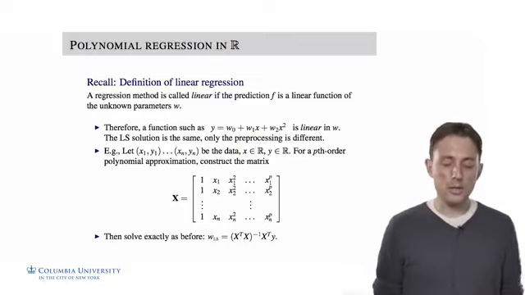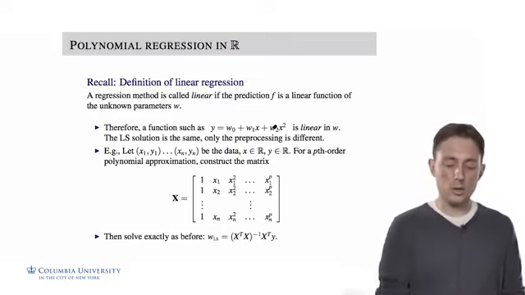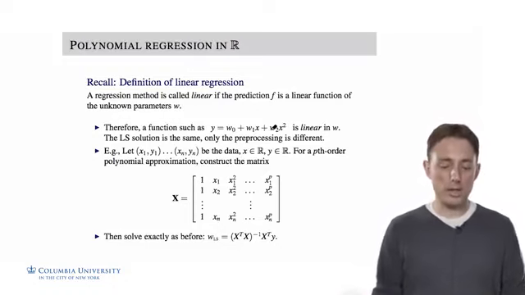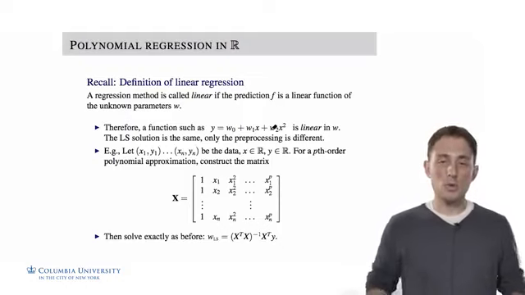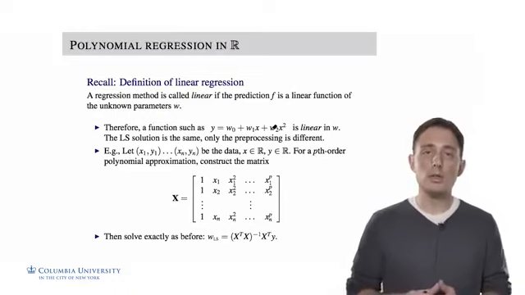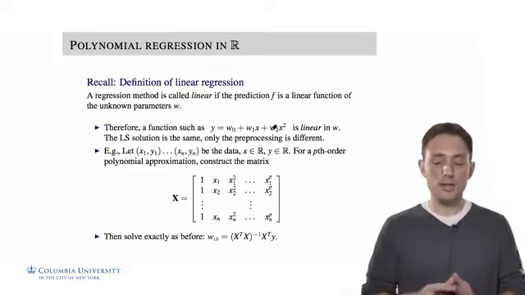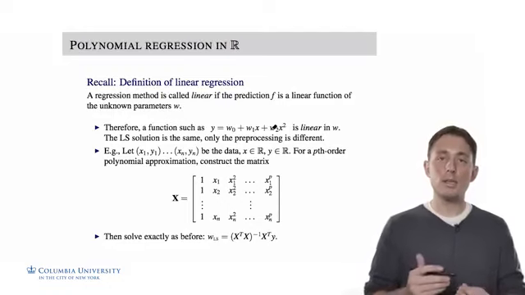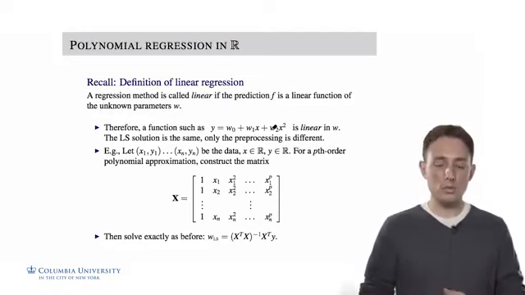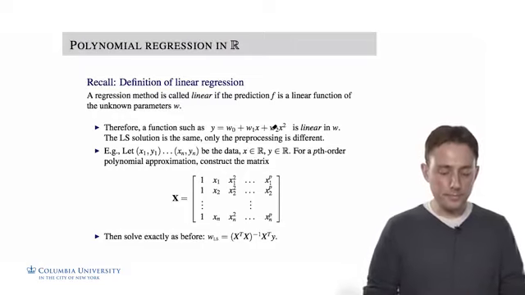So therefore, a function such as this second-order polynomial is still a linear function in w, even though it's not a linear function in x. And so what we'll find is that we can actually do least squares and learn exactly the same solution, the only difference being that the matrix x has a little bit more preprocessing in order to construct it.